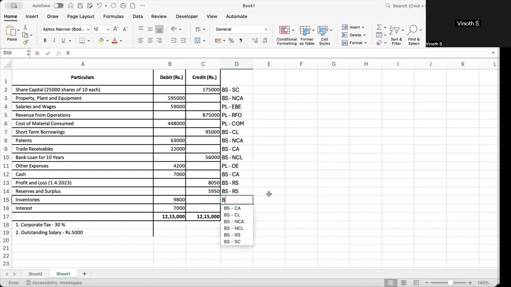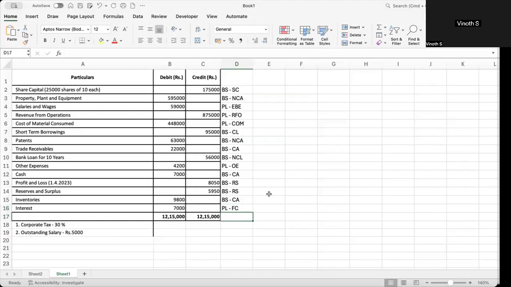Inventory, balance sheet, current asset. Interest is appearing on the debit side, so we need to consider this as a finance cost. In case it appears on the credit side, it will go to other income. So when the word interest comes, immediately check which column the value appears in. Debit means it's an expenditure, credit means it's an income. Therefore, P&L, finance cost.